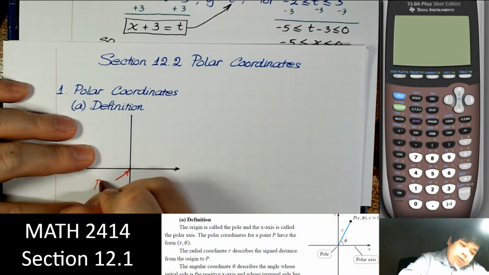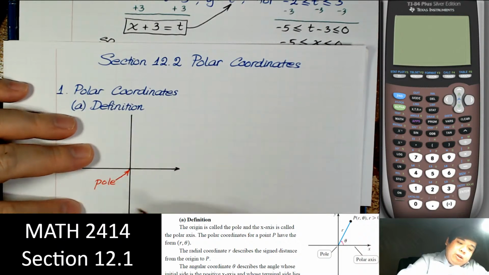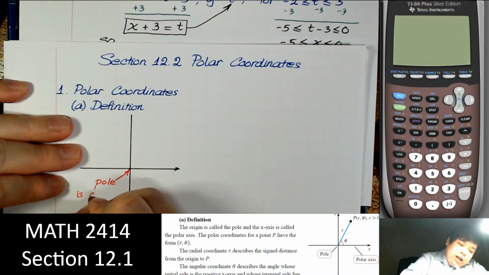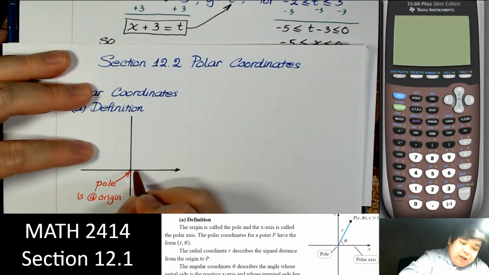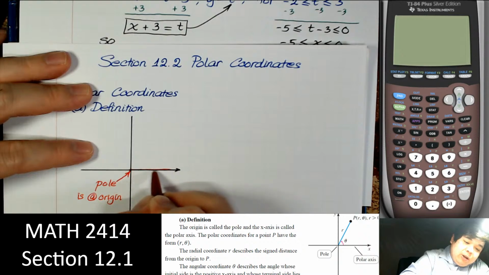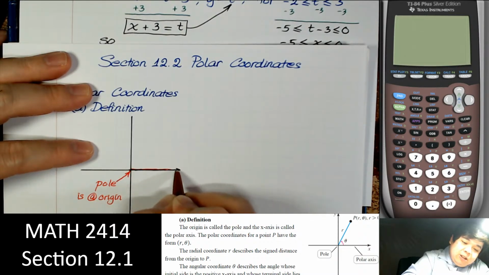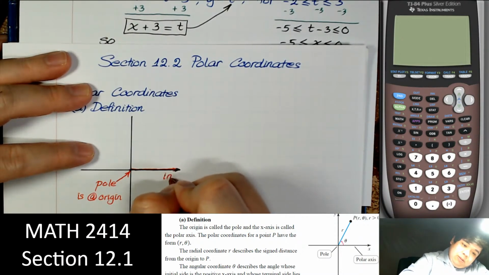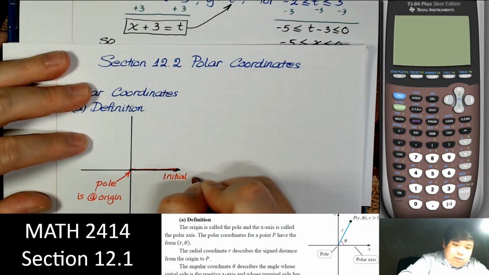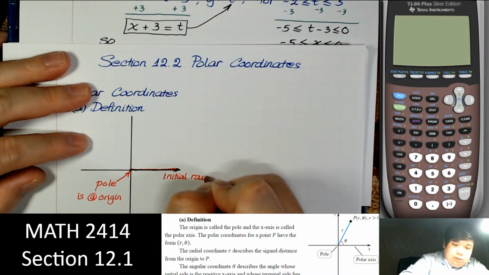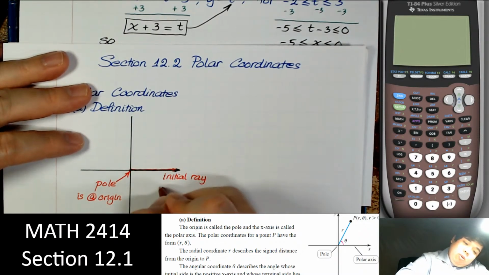Call the pole is at the origin, and with that we define an initial ray, the positive x-axis, and that is called the polar axis.